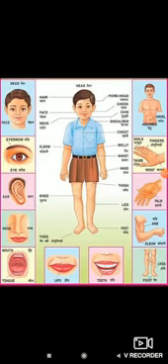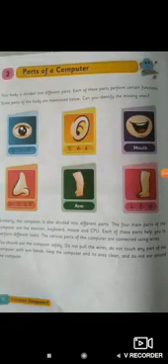Similarly, in computers, we also have various parts. So we will try to understand what are the various parts of a computer in your second chapter, which is on page number 12.